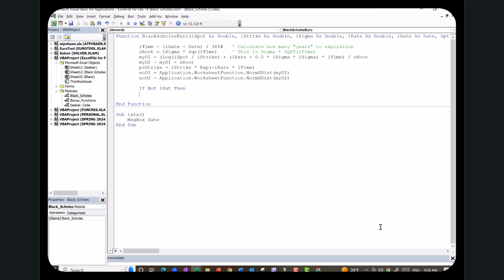If it's not true, I'm handling a call option. So not something means I'm doing a call. Black-Scholes euro equals iSpot times Nd1 minus PV strike times Nd2.